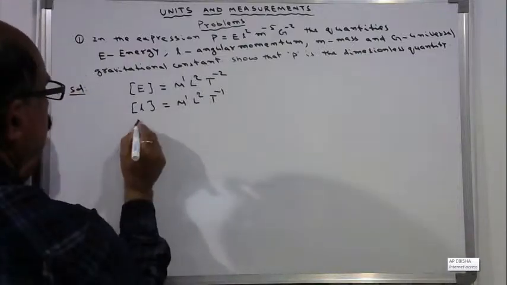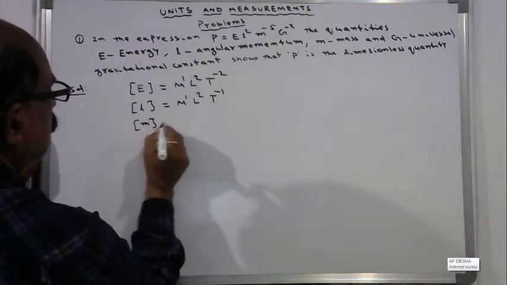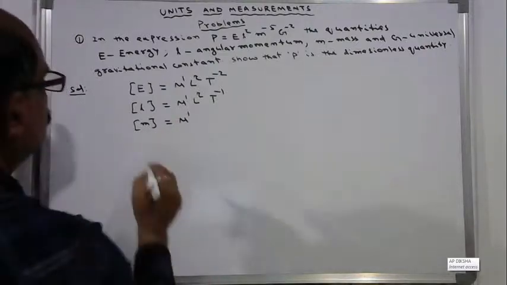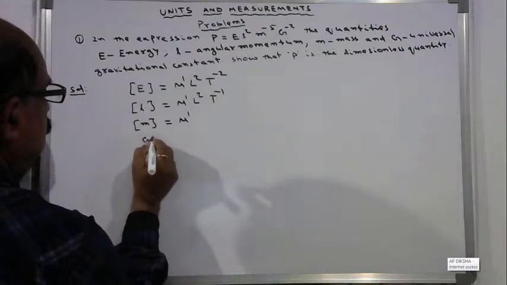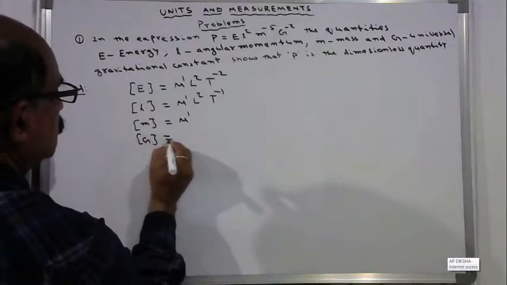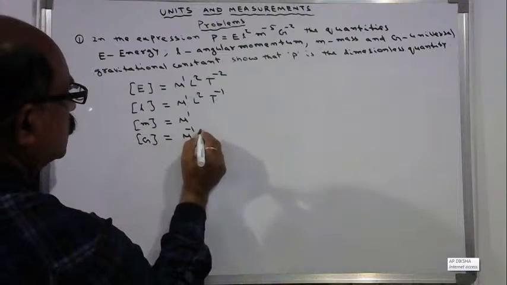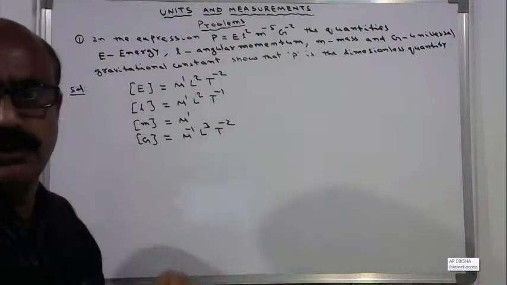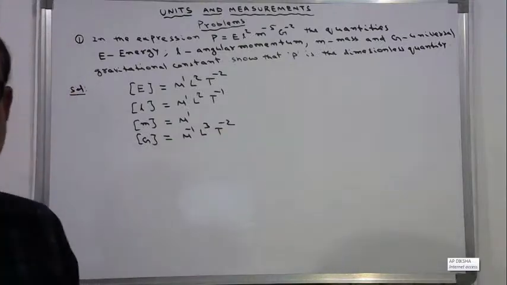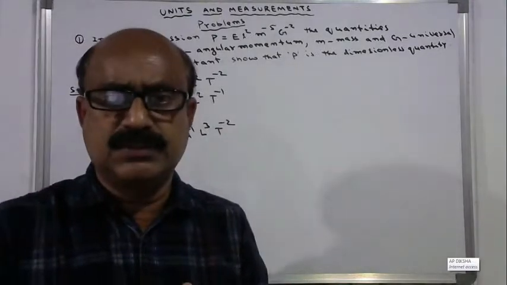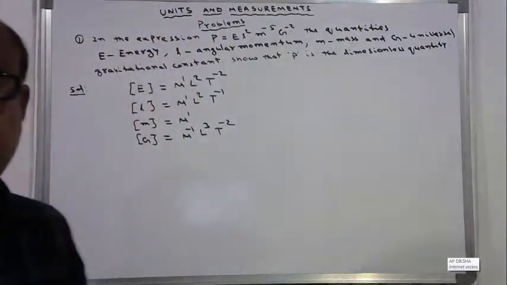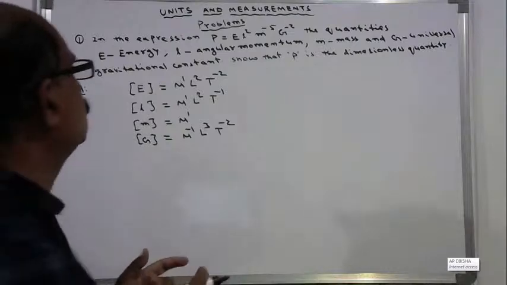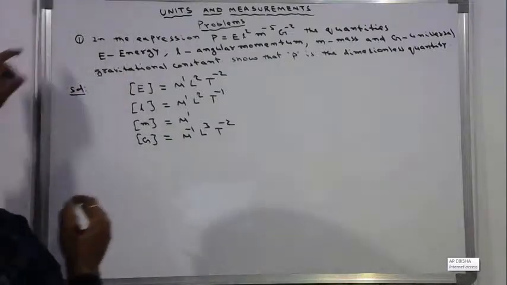The dimensional formula of mass is m power 1. And the dimensional formula of the gravitational constant G is m power minus 1 L cube T power minus 2. So this is how we write down the dimensional formula of each physical quantity given in the equation.